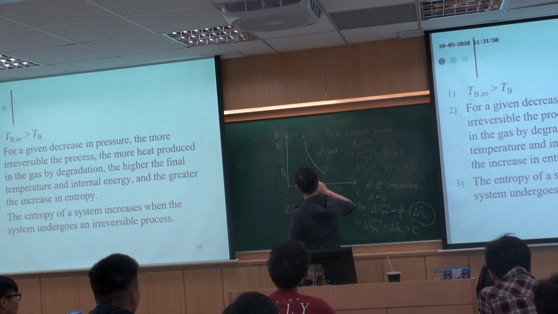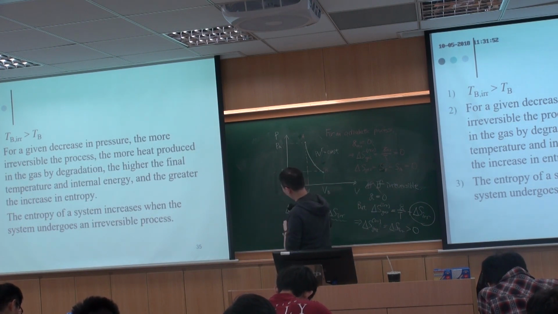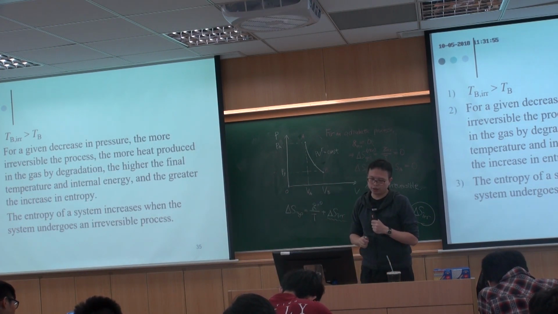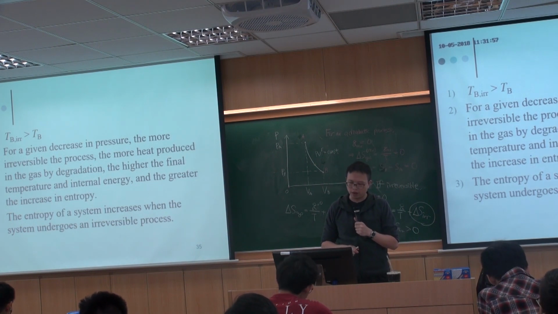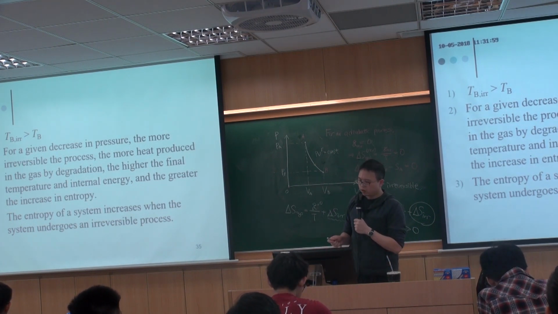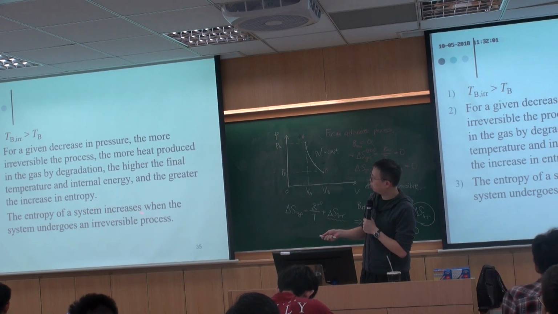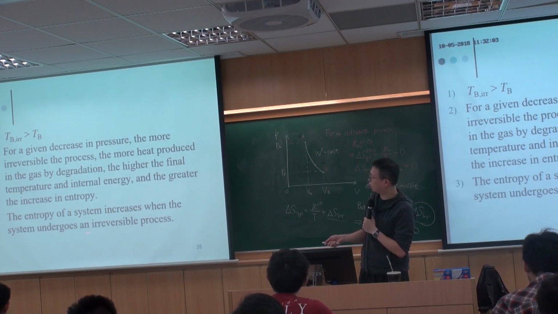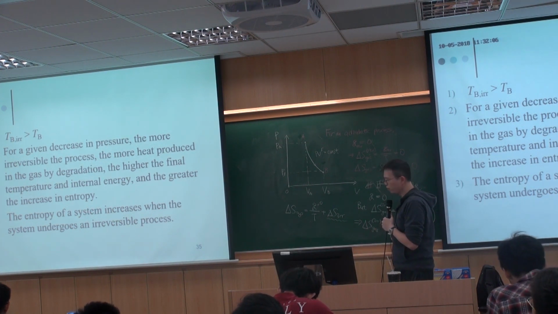I don't know how to draw it, but we know that the temperature will be higher in this case, as well as the internal energy. So this entropy is originating from the irreversible process, as I stated over here.